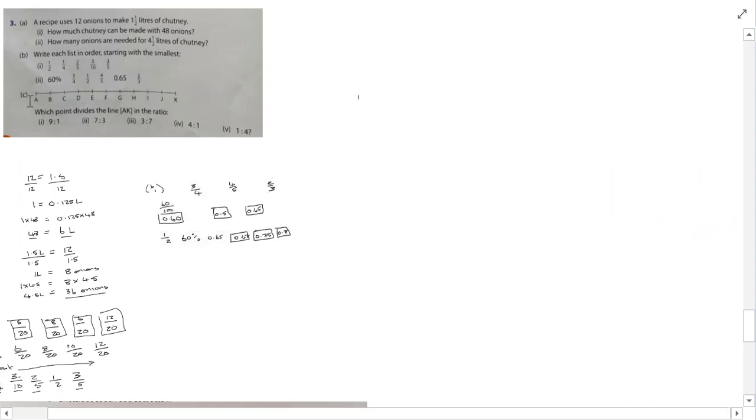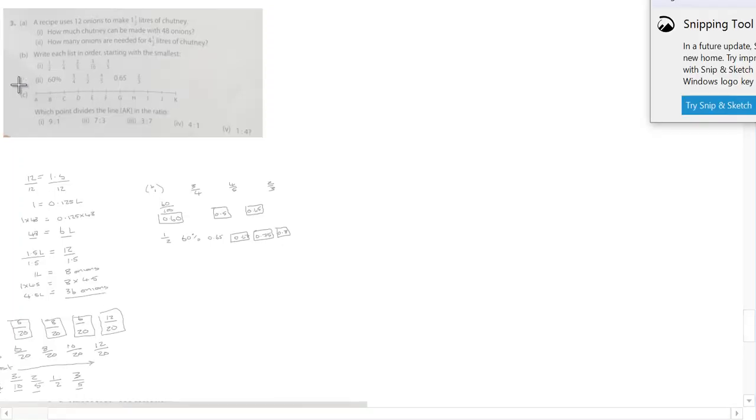So the next one we're looking at is this question here, question C. Which point divides the line AK into these ratios? What I might do is make a bigger version of this line.